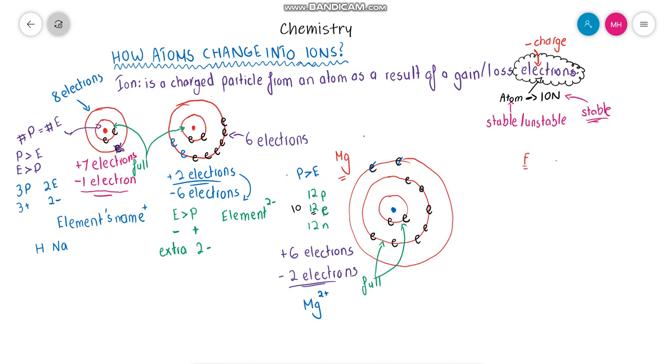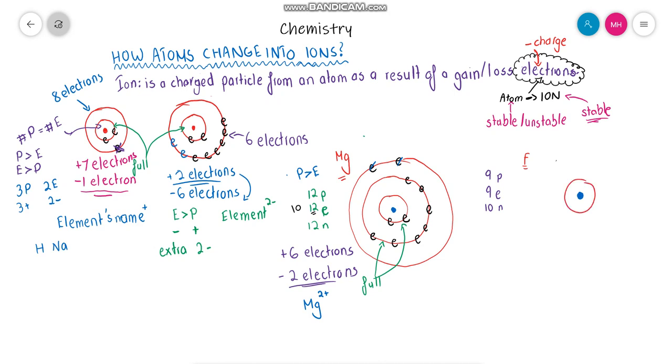Now let's quickly do fluorine. Fluorine has 9 protons, 9 electrons, and I believe 10 neutrons. Okay, so now I'll draw the nucleus, and I'll draw the shells.